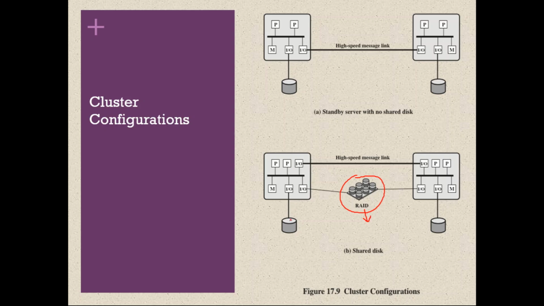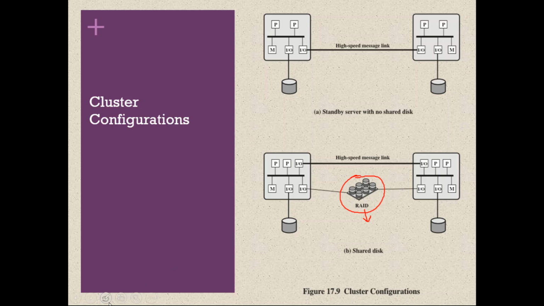So here, apart from the individual disks of each node, there is also a shared disk. These shared disks are nothing but RAID, a redundant array of inexpensive disks, which is shared by both nodes, or any number of nodes in the cluster, which may share this common disk.